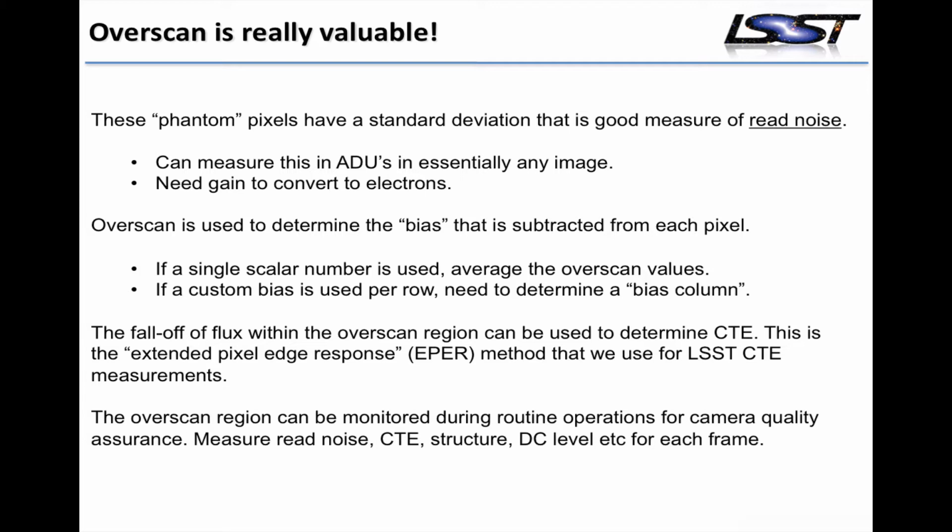And we use that extended pixel edge response in order to measure the charge transfer efficiency using laboratory data from LSST chips. Even during operation when LSST is on the sky, monitoring the overscan region in every single image and verifying that the read noise is a sensible value, that the charge transfer efficiency hasn't degraded, measuring the bias level and so on, is a good housekeeping thing that we certainly intend to do.